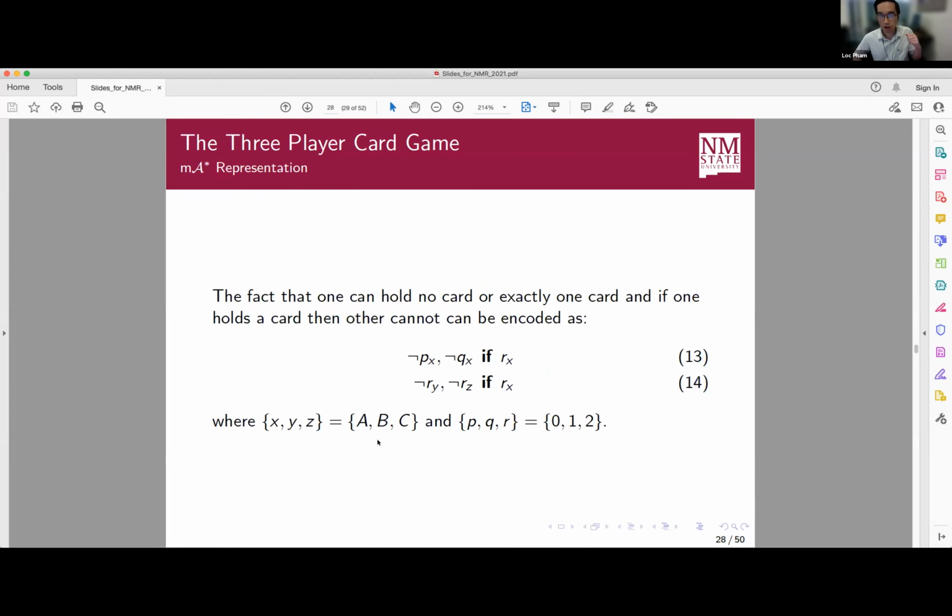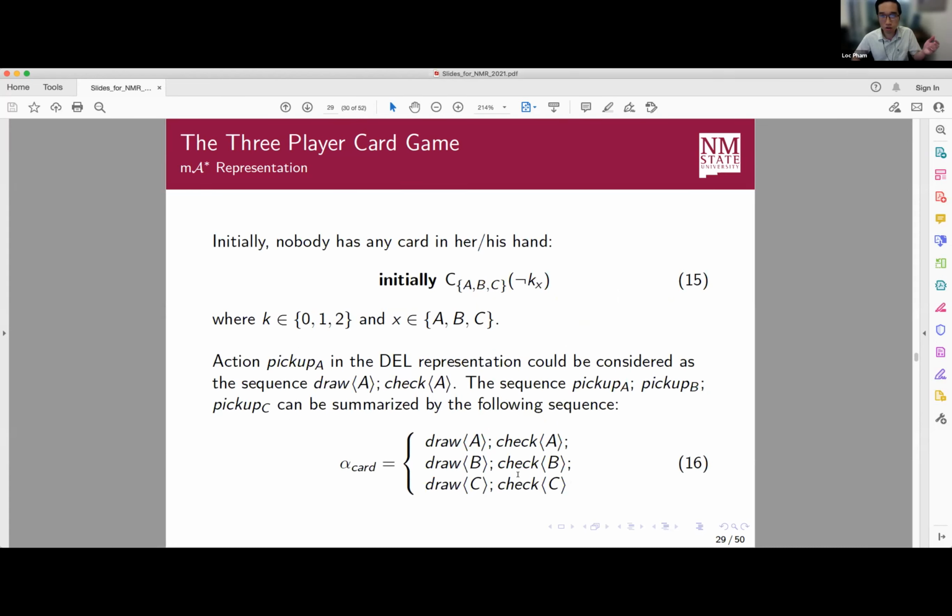Another thing is that with MA star, we can encode constraints such as one agent can only have 1 card in their hand, and each card must be different. This is done using two static laws here. And initially, we can encode the fact that nobody holds anything in their hand, so all 9 fluents must be false.